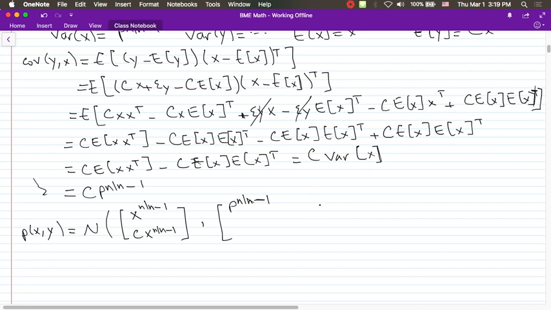Covariance of x and y. Covariance of x and y is just the transpose of this, which is P of n minus 1, C transpose. Covariance of y and x, C times P of n minus 1. And then variance of y. Variance of y is C P n minus 1, C transpose plus R.